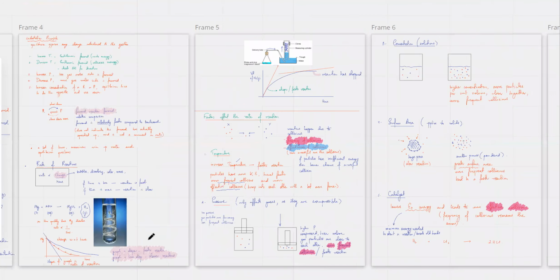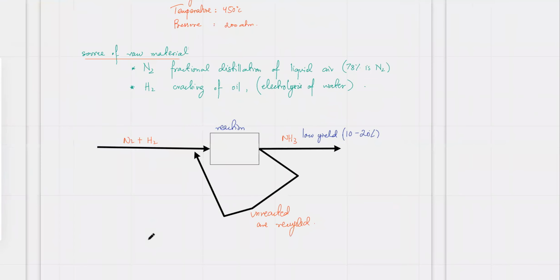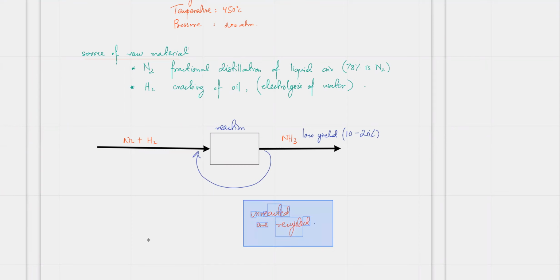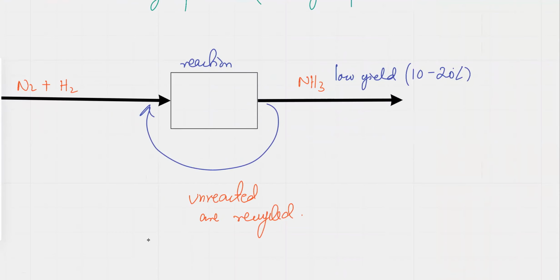Ammonia is extracted or removed from the container because ammonia has a high boiling point, so it liquefies quickly.